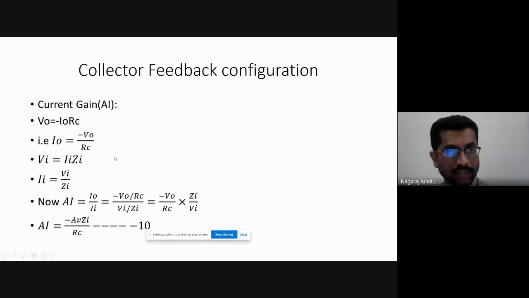Substitute both I0 and Ii equations in the current gain equation. AI is equal to I0 by Ii, that is minus V0 by RC divided by Vi by Zi. Cross multiplying, it is minus V0 by RC into Zi by Vi. Minus V0 by Vi is the voltage gain AV. Therefore, AI will be equal to minus AV Zi divided by RC.